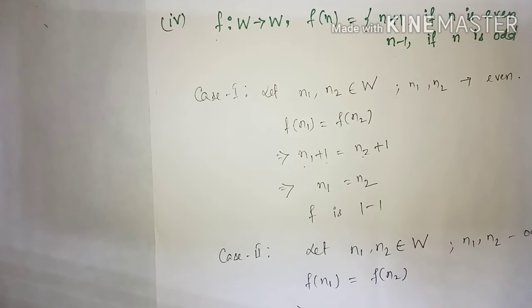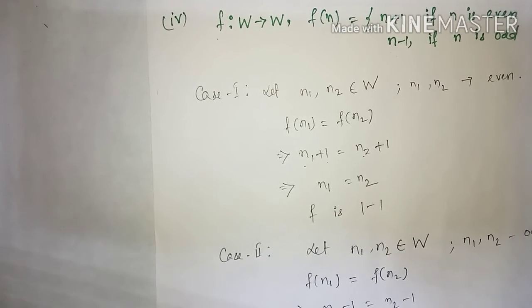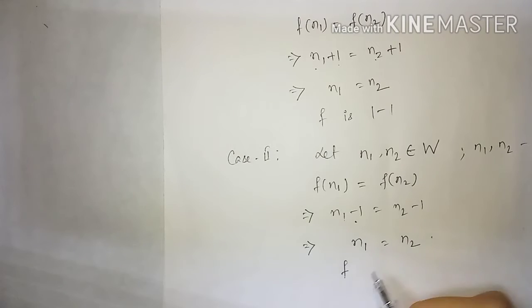According to definition, f of n1 equals n1 minus 1 and this equals n2 minus 1. Finally, n1 equal n2. This minus 1 on both sides cancels out. Therefore, f is 1-1 or injective.